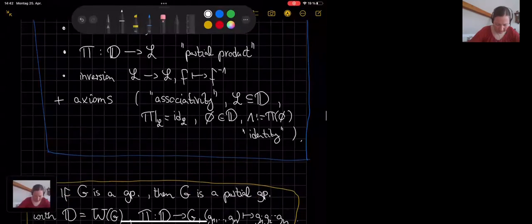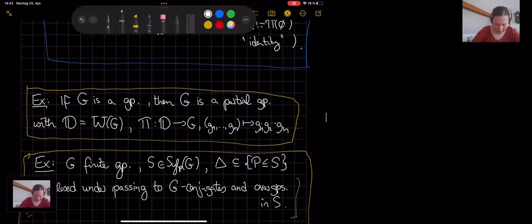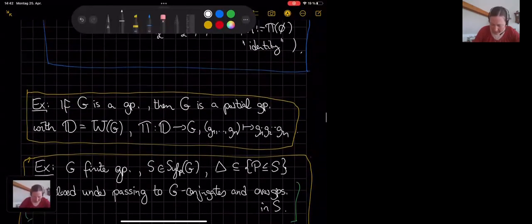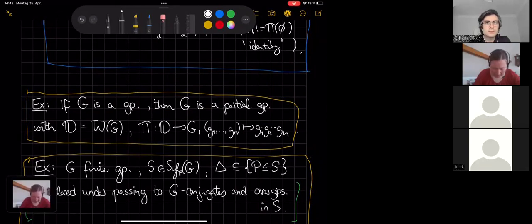So we get some group-like axioms. So the easiest example: if G is a group, then G is also a partial group where the product is just defined on all words in G. And the product is just the usual product in G, now looked at as a multivariable product. Okay, that's of course the first example which comes to mind probably, but it's also not the most interesting example.